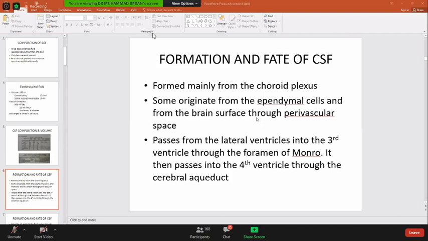Uzair Iqbal. Basal cistern and prepontine cistern is also a part of CT scan and MRI criteria. I mean, it depends.